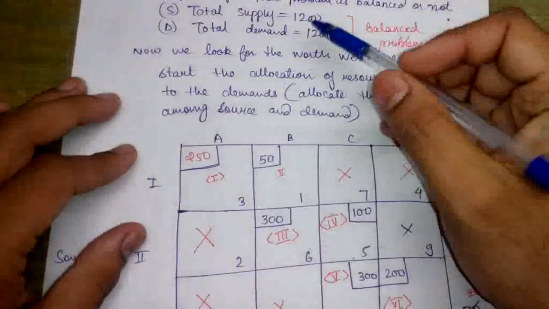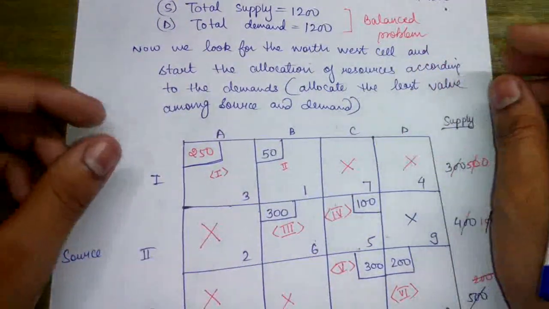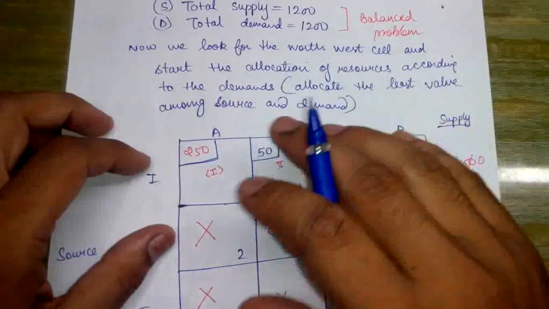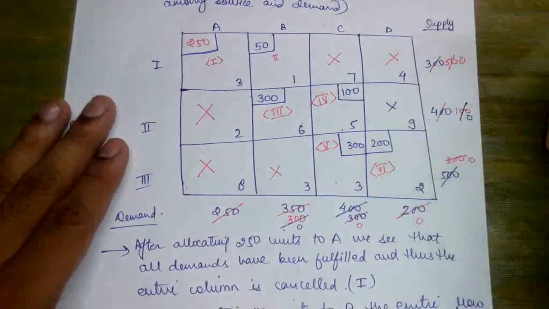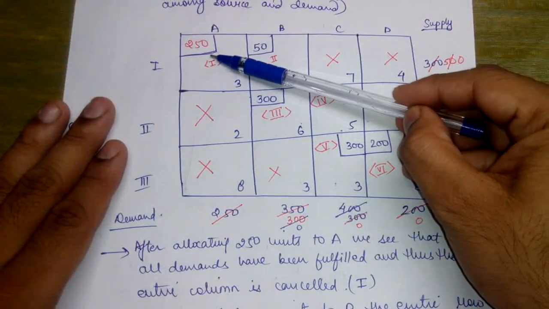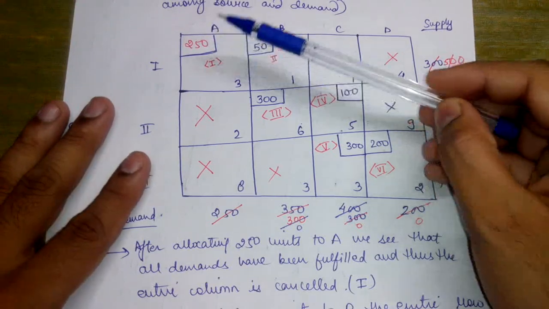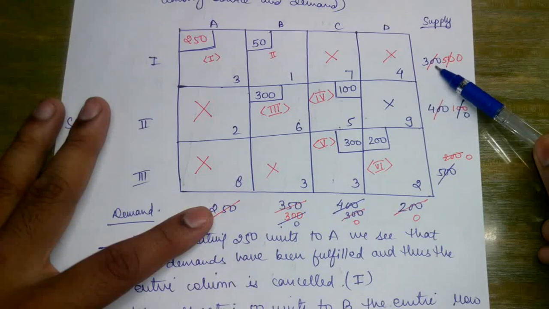Now we will look for the northwest cell, the northwest corner of our diagram, and we will start the allocation of our resources from that particular cell. This is the northwest cell of our diagram. It has a demand of 250 and the supply is 300.